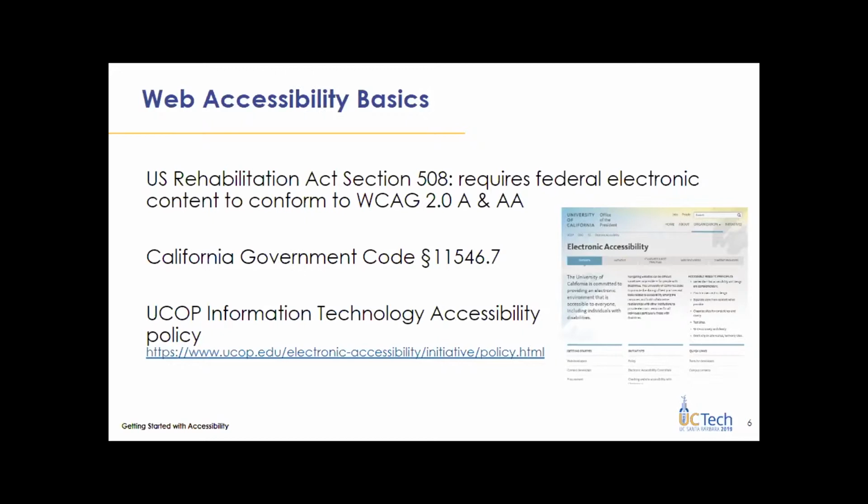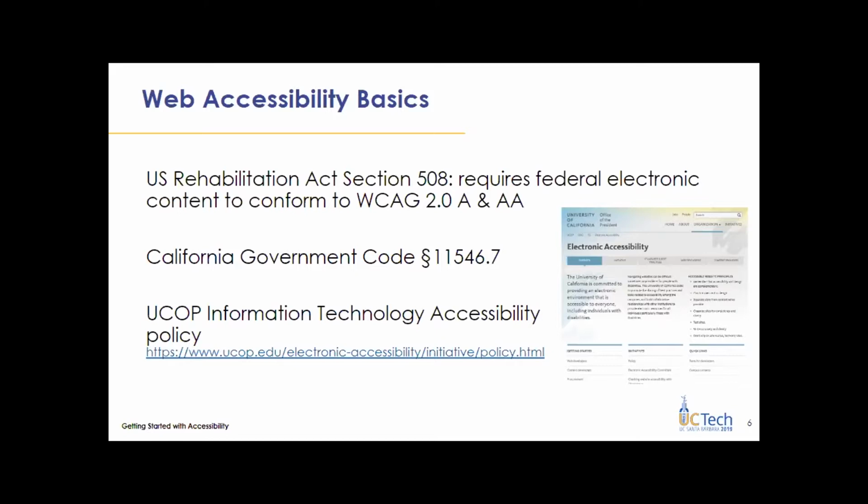At the state level, there's the California Government Code, which basically says do the federal thing. And there's the UCOP policy, which I've linked here, and that also says do the federal thing. So on the legal side, what you need to know is that Section 508 requires WCAG, and other countries too. Basically everyone uses these WCAG standards.